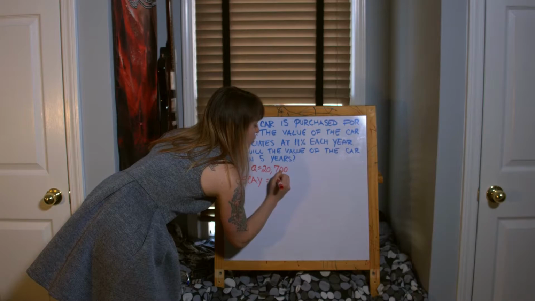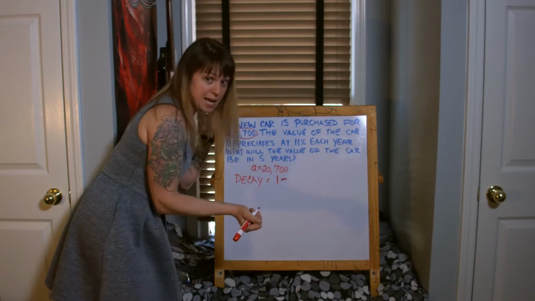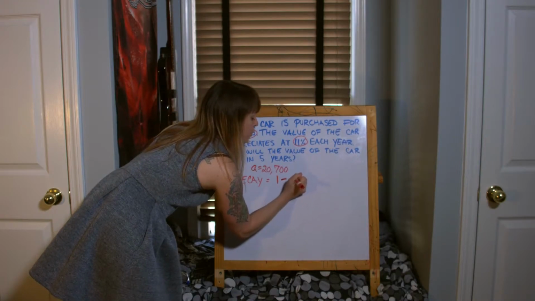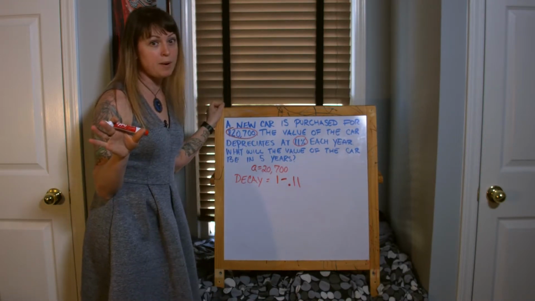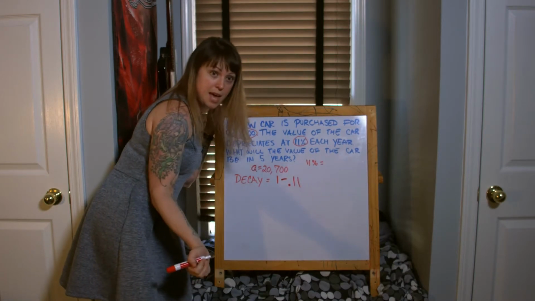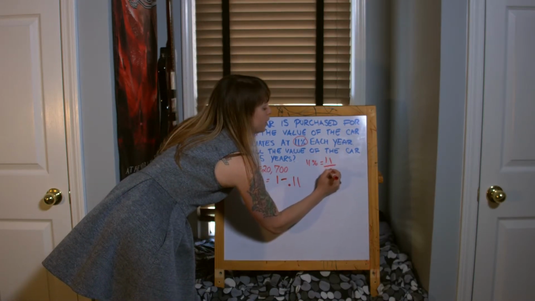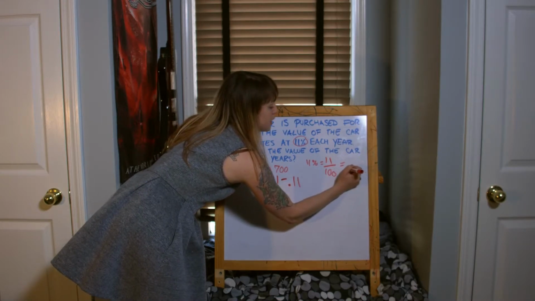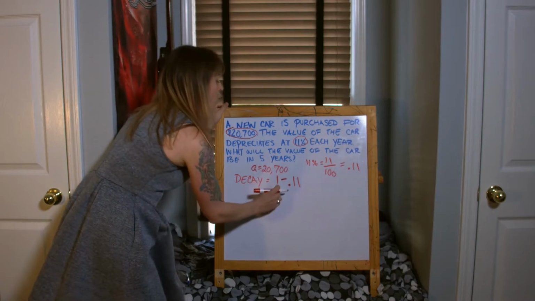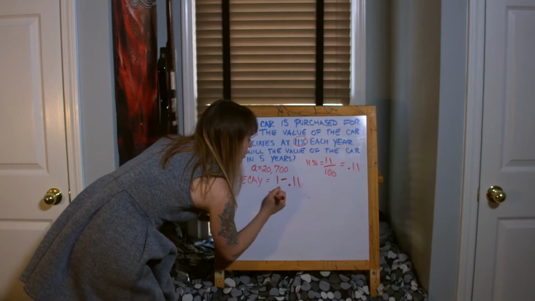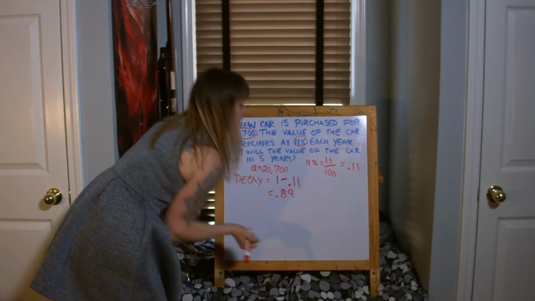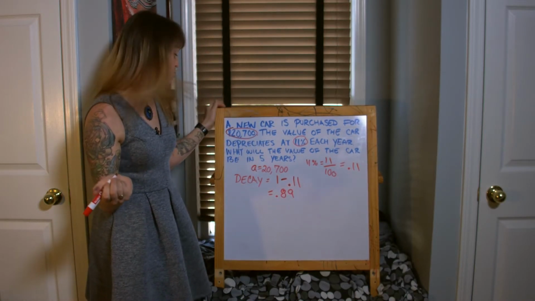And it's going to be 1 minus this as a decimal, which would be 0.11. And if you didn't remember how I got that, 11% is the same thing as 11 over 100, which is the same thing as 0.11. So 1 minus 0.11 would be 0.89. I just subtracted there.